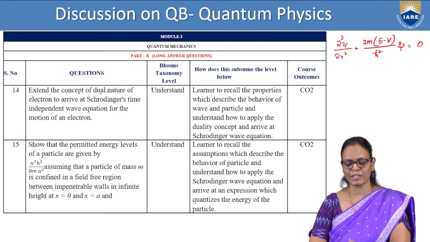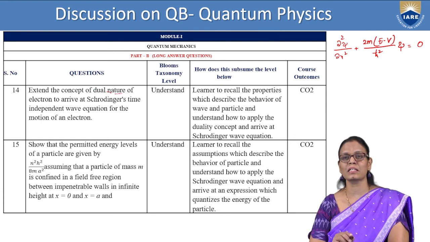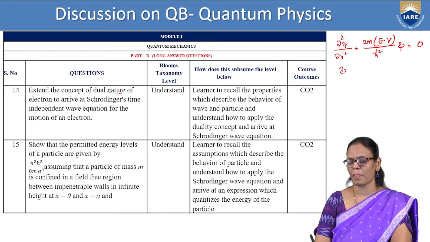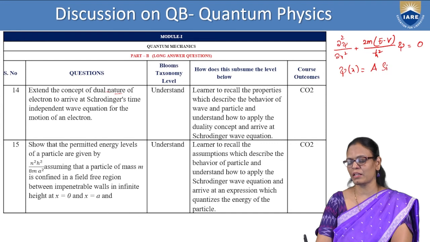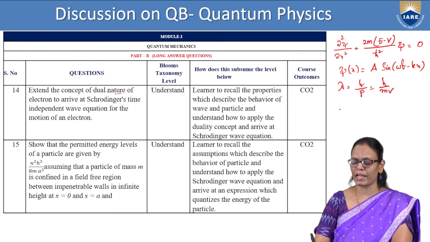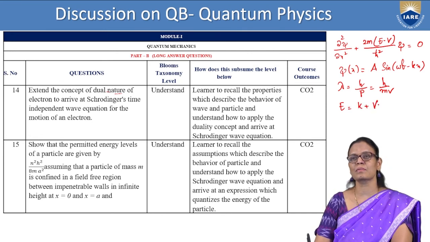In the dual nature, what we have taken is psi of x is equal to A sine (omega t minus kx), because we have considered the wave nature, and we have also considered the wavelength lambda as h by p or h by mv, and then we have considered the energy, the total energy E equal to K plus V, the kinetic energy plus the potential.